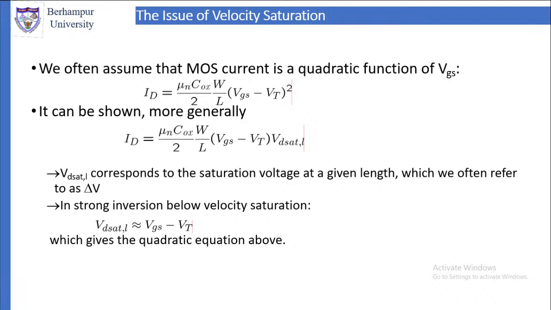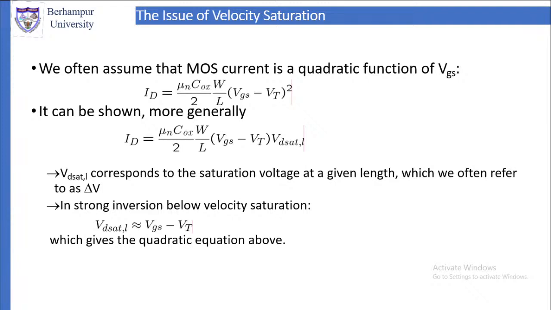But we can also rewrite this in the other form: (VGS minus VT) whole square, that we can write as (VGS minus VT) into VD saturation. This VD sat L corresponds to the saturation voltage at a given length.